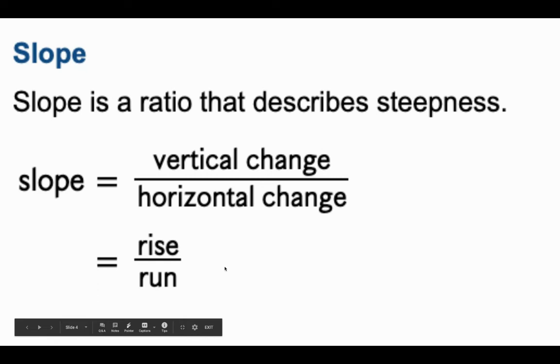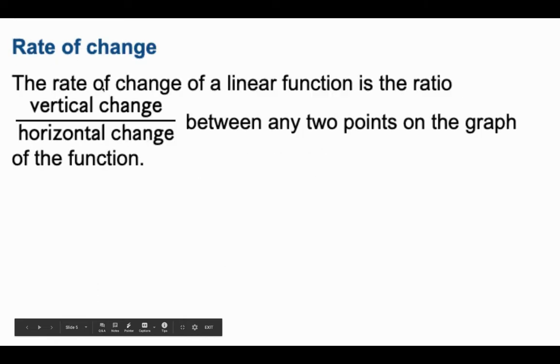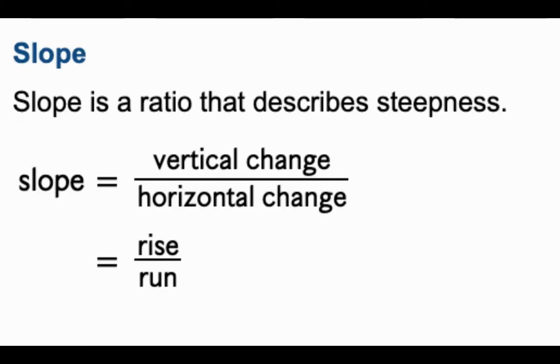Okay. And I'm going to leave this up here for a second. Another word for slope. This looks a lot the same. It's just another way of saying slope, the rate of change. Rate of change is the ratio, vertical change over the horizontal change between any 2 points on the graph of the function.